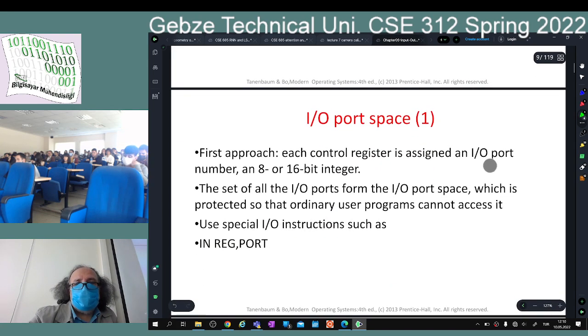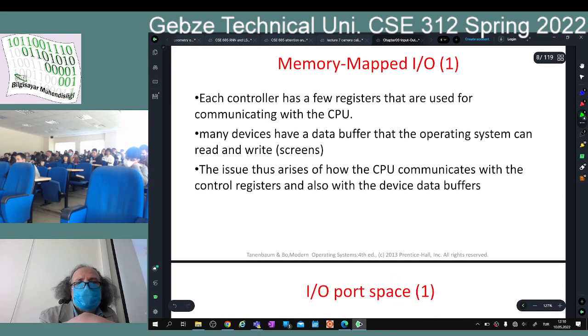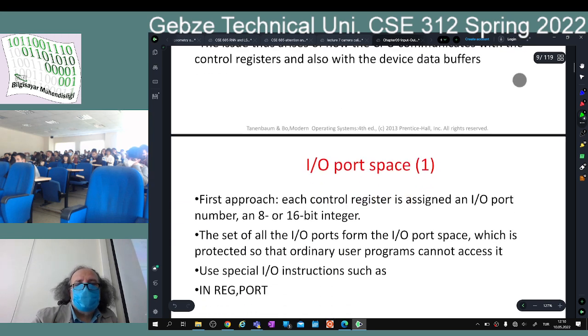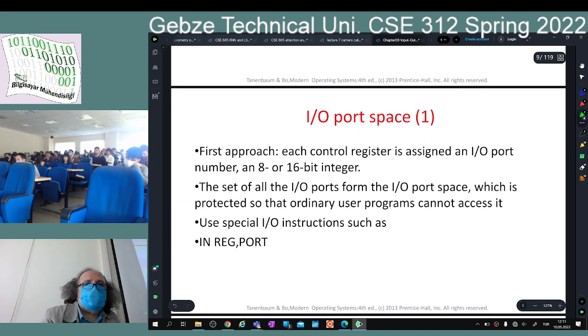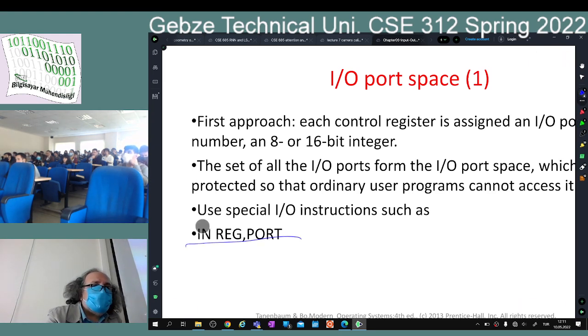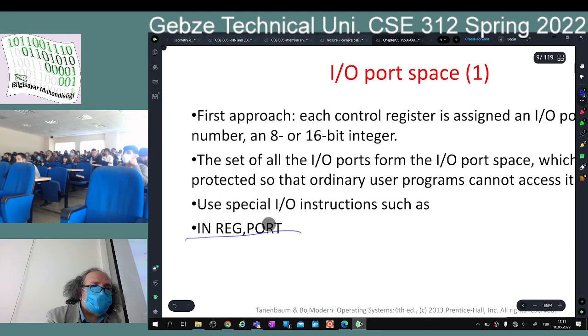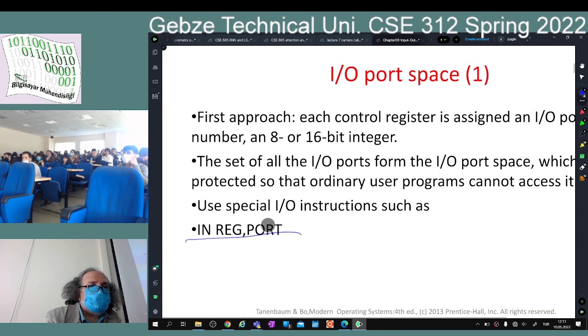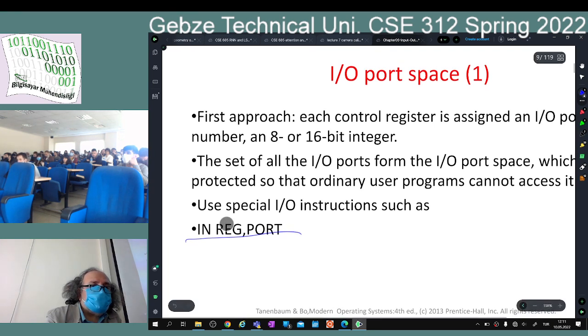The first one is I/O port space. The first way of communicating with this, there are special instructions on your instruction set for some CPUs. It says that I am going to read this port number 375 to this register.